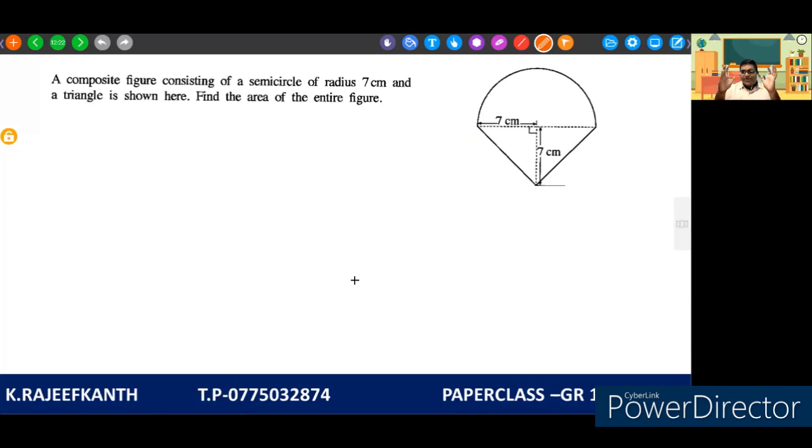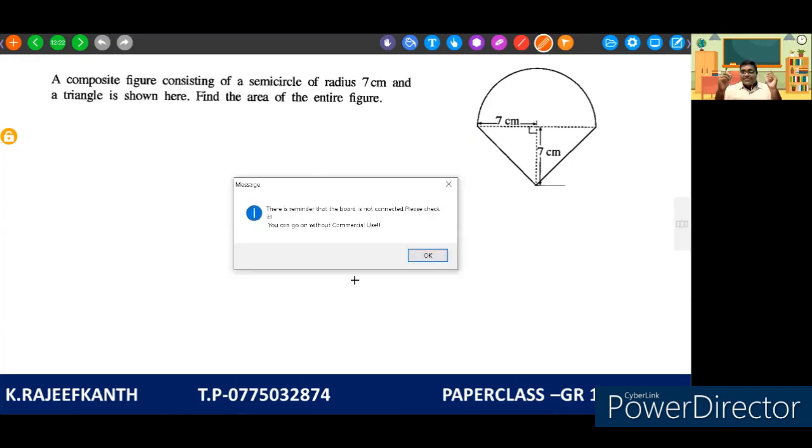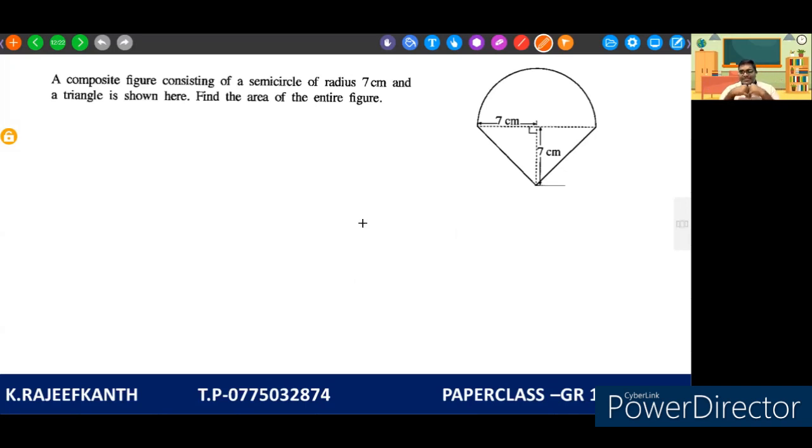You know how to find the area of a semicircle, because if the radius is r, then the area of a circle is pi r square. Then the area of a semicircle is half pi r square. And we know how to find the area of a triangle.